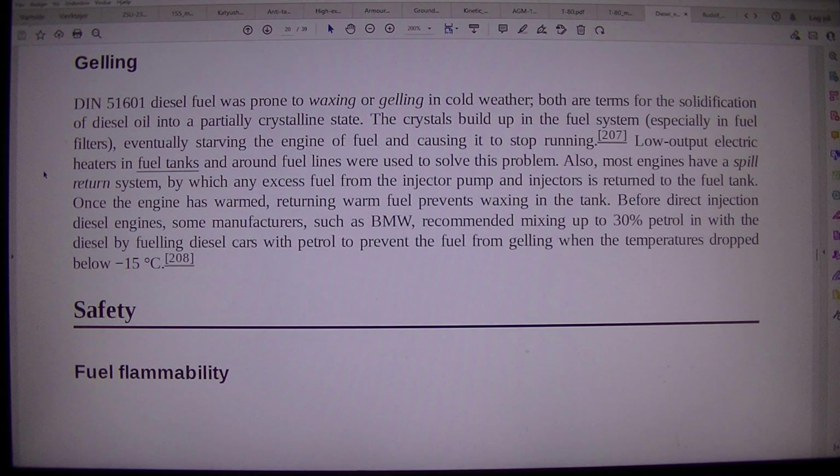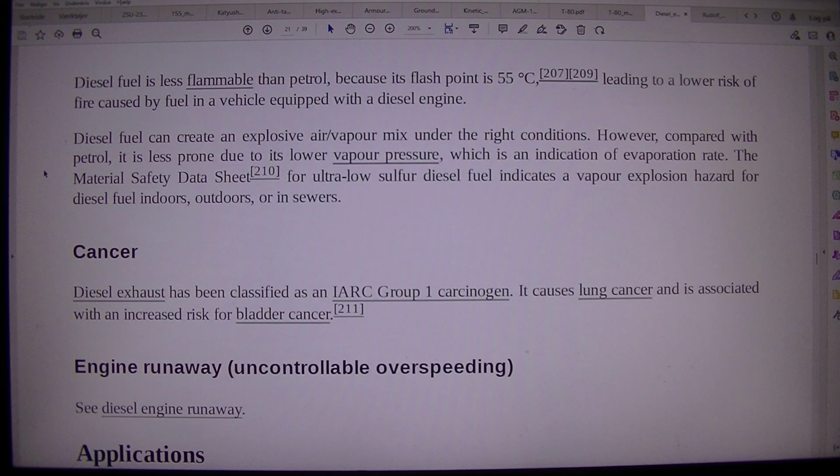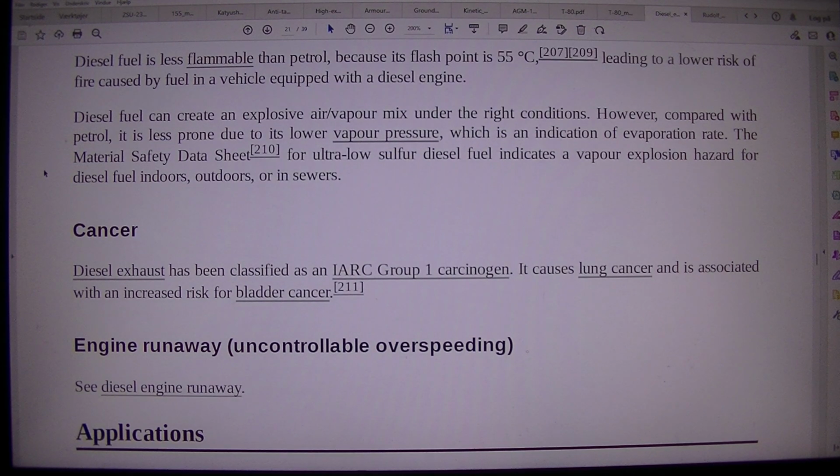Safety. Fuel flammability. Diesel fuel is less flammable than petrol, because its flash point is 55 degrees C, leading to a lower risk of fire caused by fuel in a vehicle equipped with a diesel engine. Diesel fuel can create an explosive air/vapor mix under the right conditions.